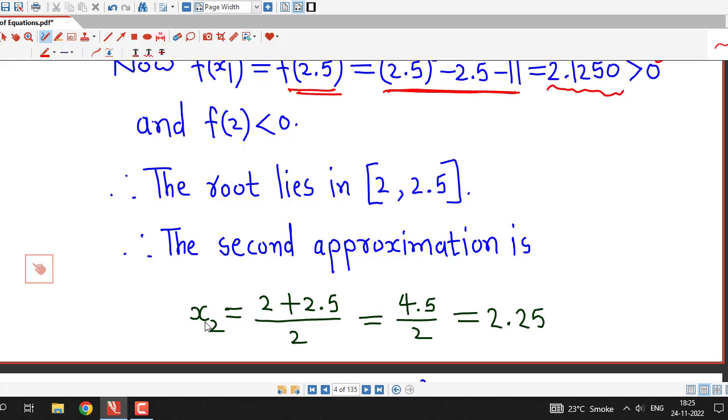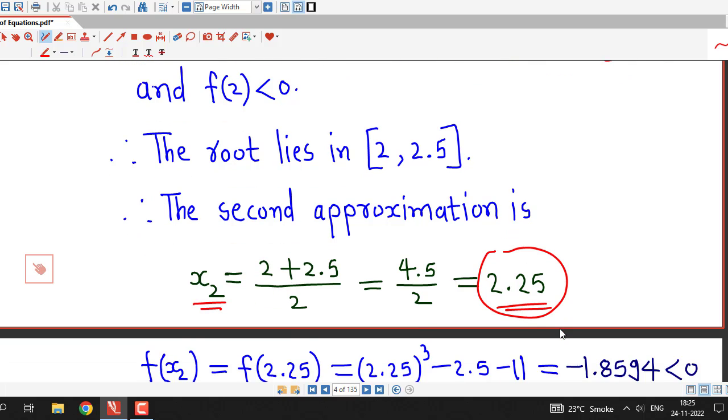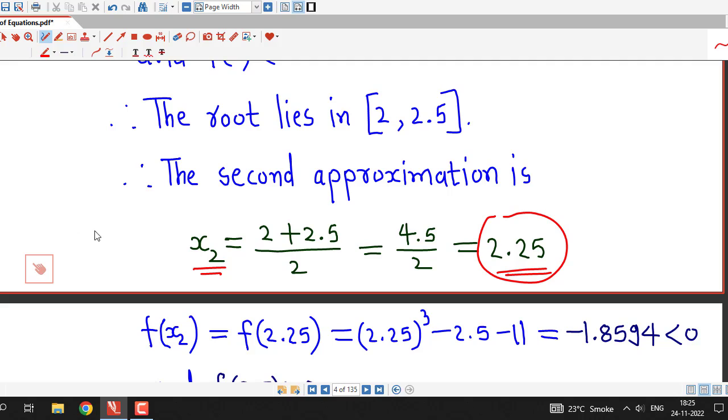Therefore the second approximation is x2 equal to average of 2 and 2.5, that is 2.25. Now we obtain value of function at 2.25. So for that again we use that formula of x cube minus x minus 11, and using scientific calculator I obtain this value.